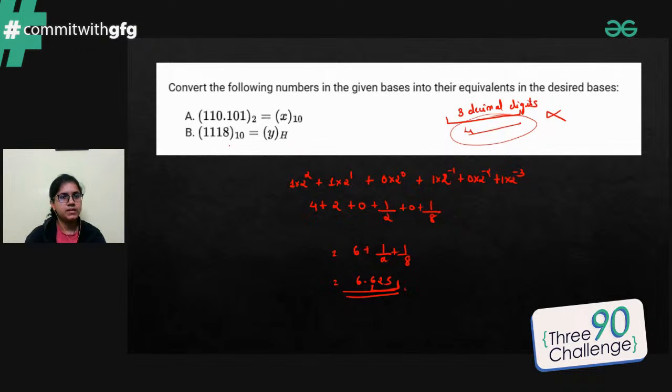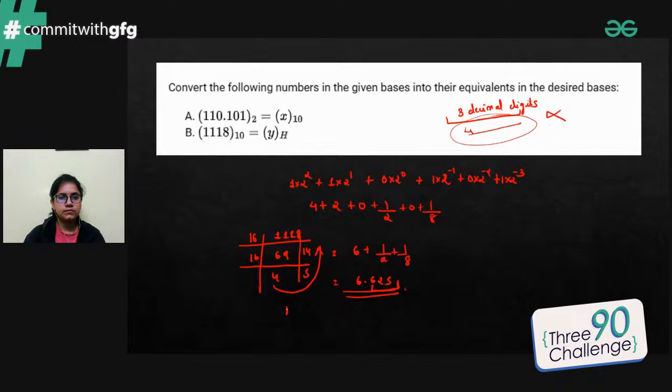Yes, we will do the division by 16. Absolutely correct, Nishu. And this is the integer part only, so it is like this you will do. 1118 divided by 16, so this will be 69, remainder will be 14. This will be 16, so it will be 4, this will be 5, and like this you will consider.